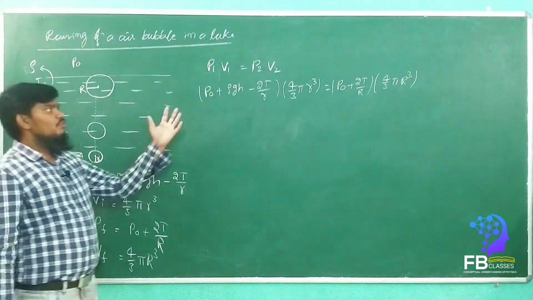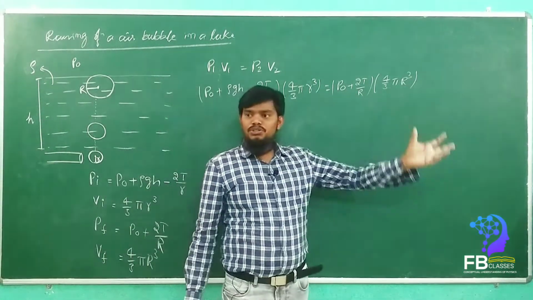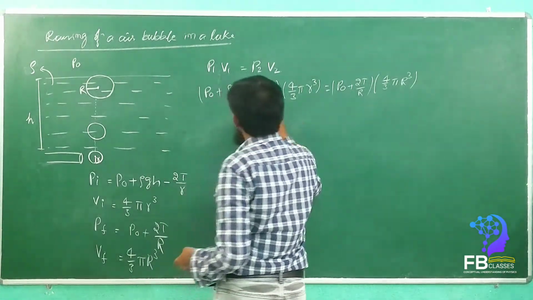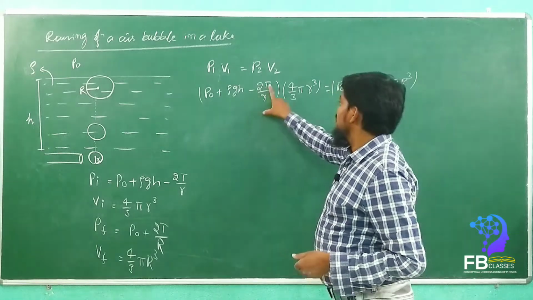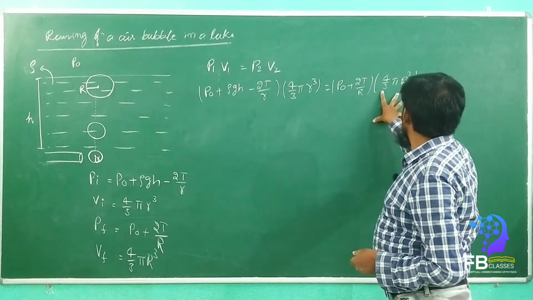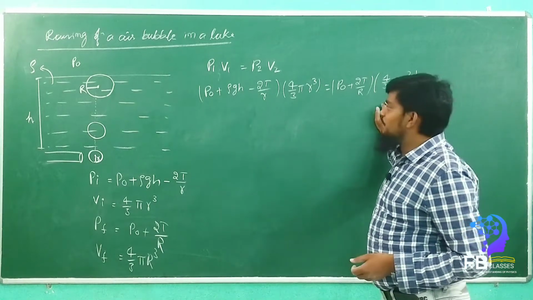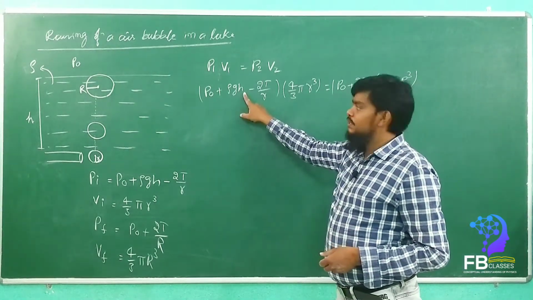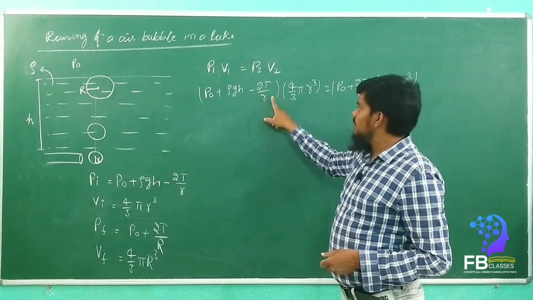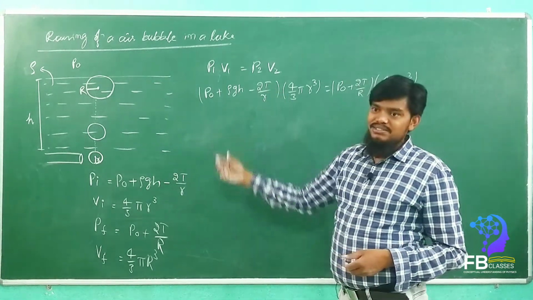From this equation, whatever you require, you can find out. How many variables are there here, my dears? Consider h is a variable, T is a variable, r is a variable. Tension is also constant, right?